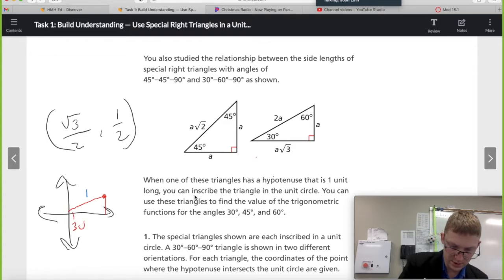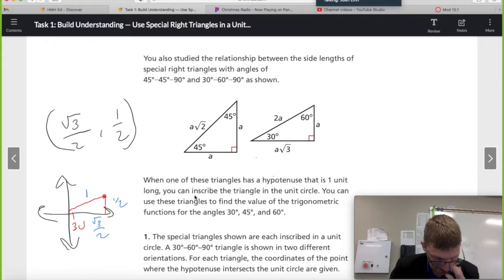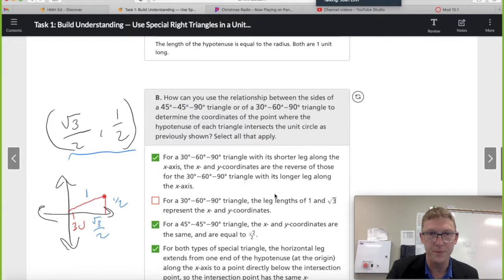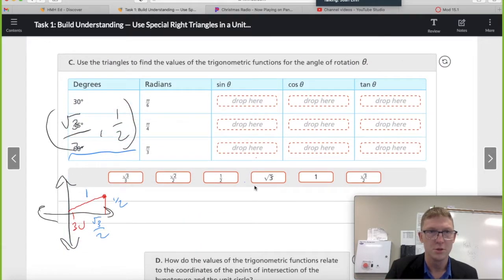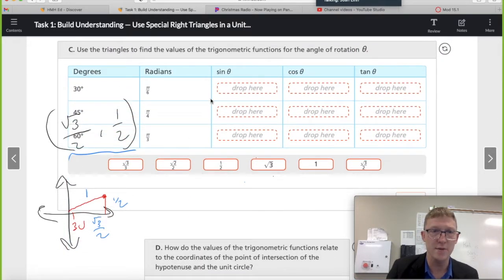So this is going to be square root of 3 over 2. And this is going to be 1/2. So I got those from these two coordinates right there, in case you're wondering. So let's see here. Sine of theta, opposite over hypotenuse. So that's just going to be 1/2.